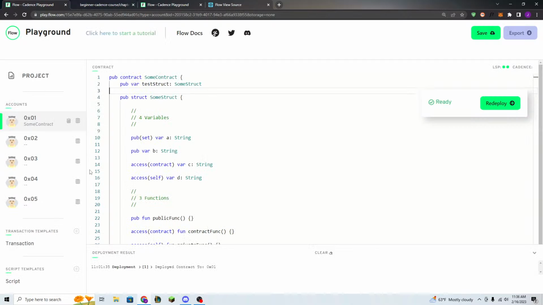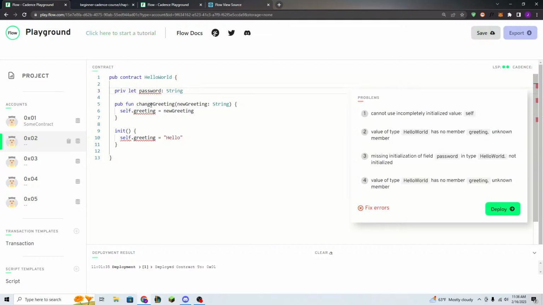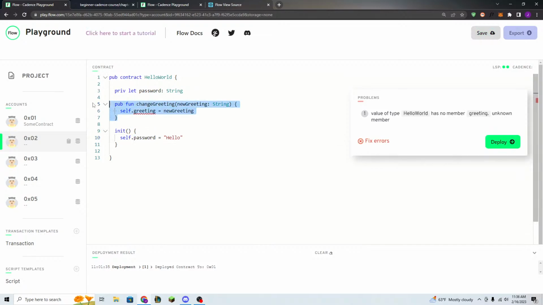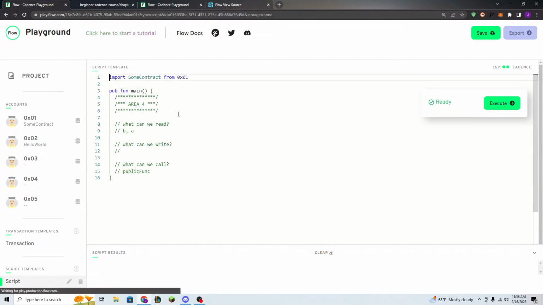So even though I could technically make a contract that has a private let password, and say self dot password equals hello, and I deploy this, you'll say, oh, Jacob, it's safe because in my script I can't read it.